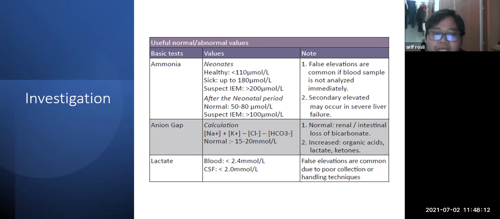However, we need to note that the rise in ammonia level may be a false elevation if the blood sample is not analyzed immediately, or may be a secondary elevation due to severe liver failure. And then the anion gap calculation is sodium plus potassium minus chloride plus bicarbonate. Normally, it is usually 15 to 20 millimole, and for lactate level, in blood 2.4 and in CSF 2.0.